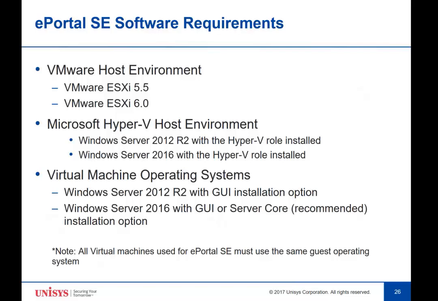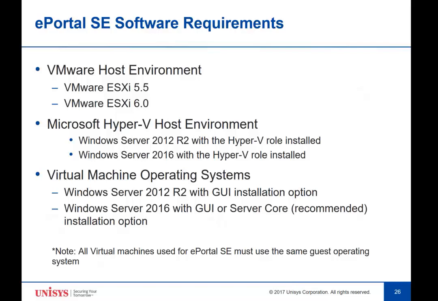Now, the virtual machines that you need to configure, that's what we turn into ePortal virtual appliances. We support 2 versions of Windows there. We support 2012 R2 with the GUI installation option, and we support Windows Server 2016 with the GUI installation option or Server Core. If you're familiar with Server Core, it's Windows with all the GUI stuff stripped out of it.